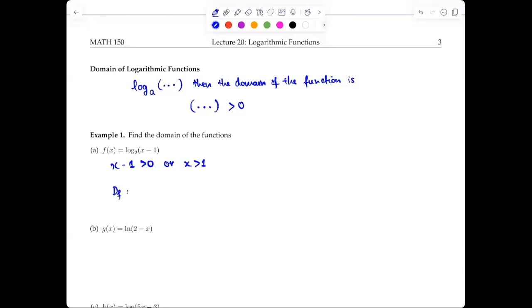So the domain of the function is x greater than 1, or from 1 to positive infinity. From this, you can also conclude that the vertical asymptote is x equals 1.